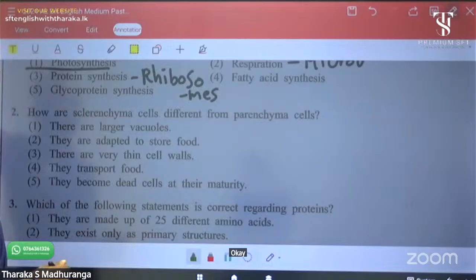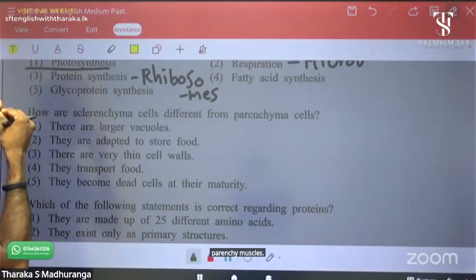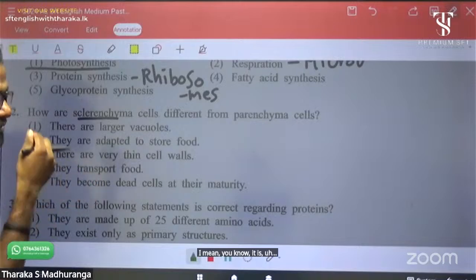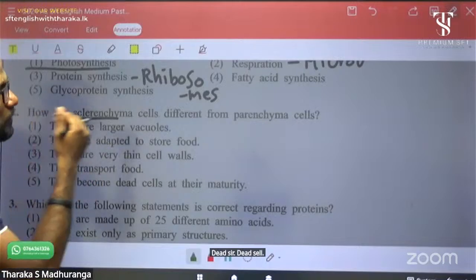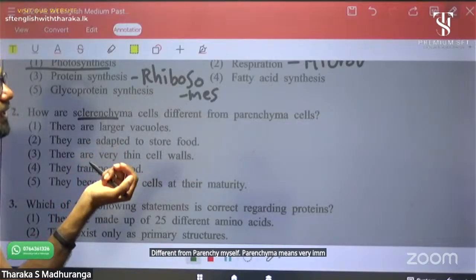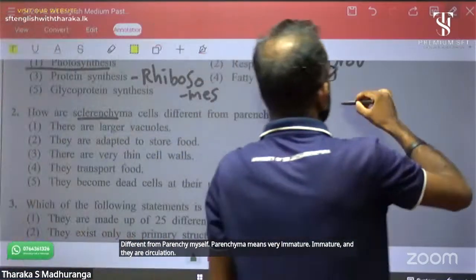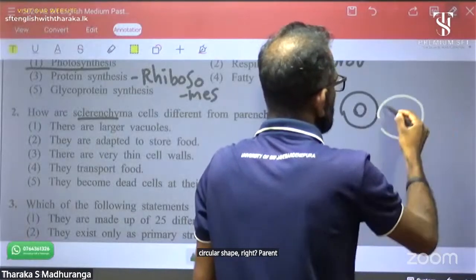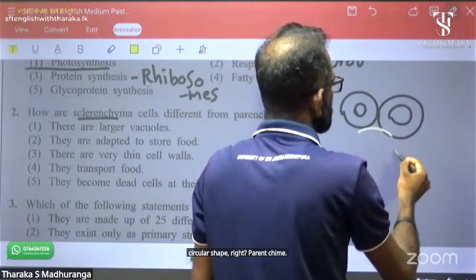Okay. How are sclerenchyma cells different from parenchyma cells? Sclerenchyma is a dead cell. Parenchyma is immature, circular in shape, right? And they have large vacuoles.